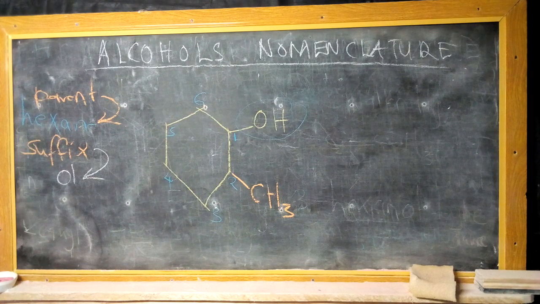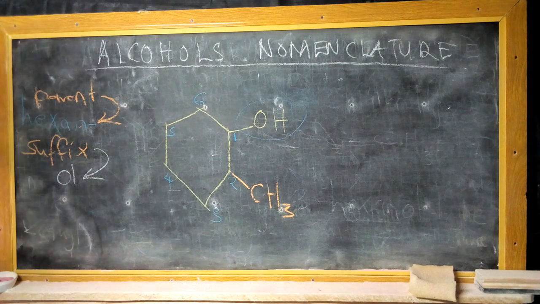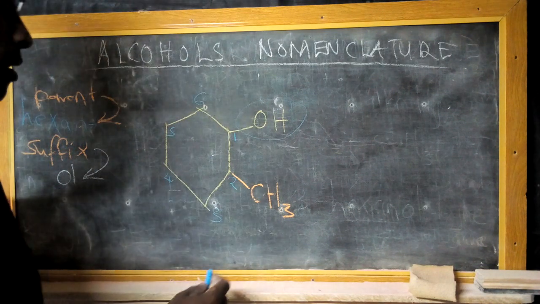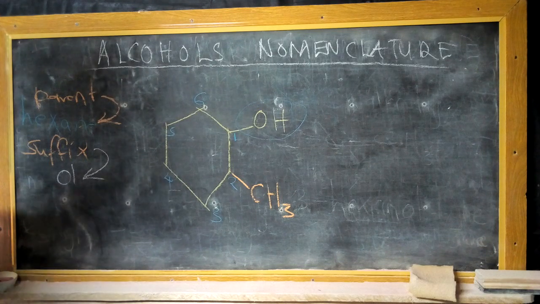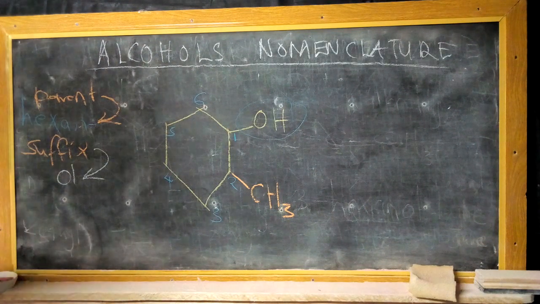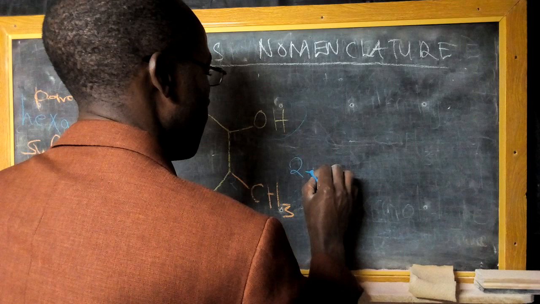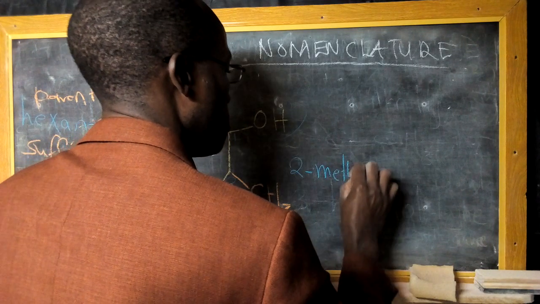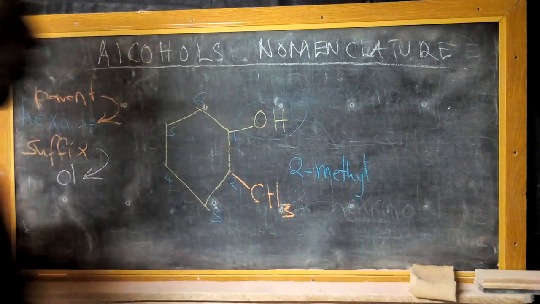Using those rules, we start with the substituents. We have one substituent appearing here, that is the methyl group, appearing at point number 2. So we shall have the name as 2-methyl for the substituent.